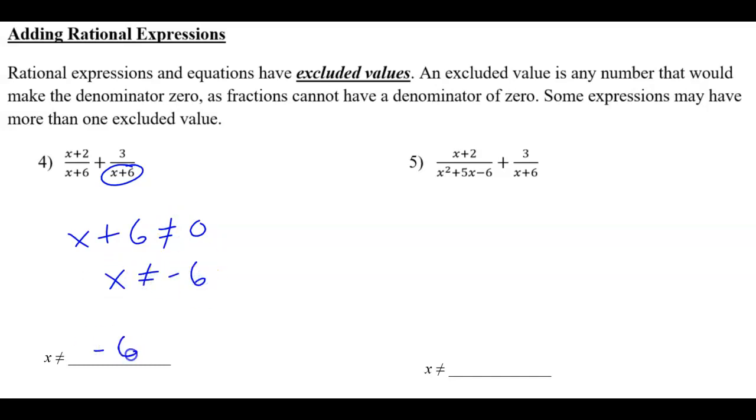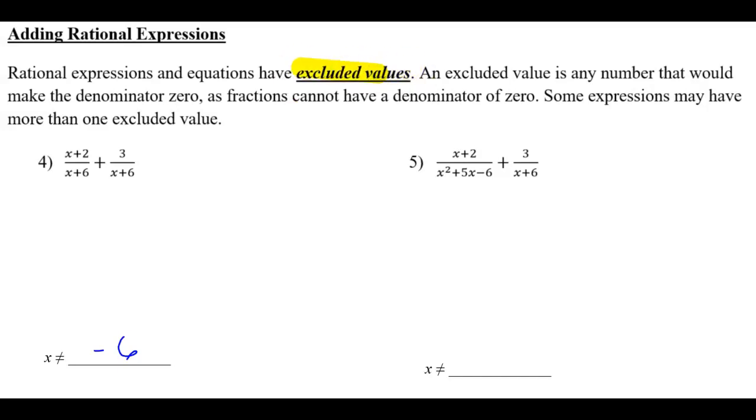So in this case, our excluded value, and there's only one of them because the denominators are the same, is negative 6. And it's pretty obvious to see if you plugged in negative 6 for x, that would give us a denominator of 0, which is an undefined fraction. You can't add or subtract undefined fractions. Okay, so that's just excluded values here.